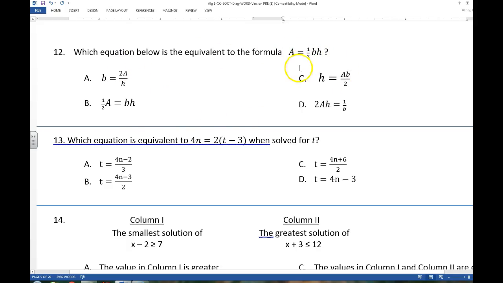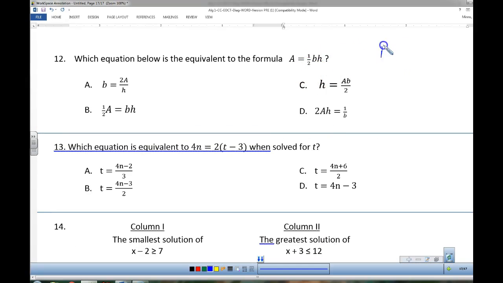And I want to rearrange that. So I've got to see what works. Let's start with A. Is this the same thing as B equals 2A plus H? Well, let's see. A equals 1/2 BH.